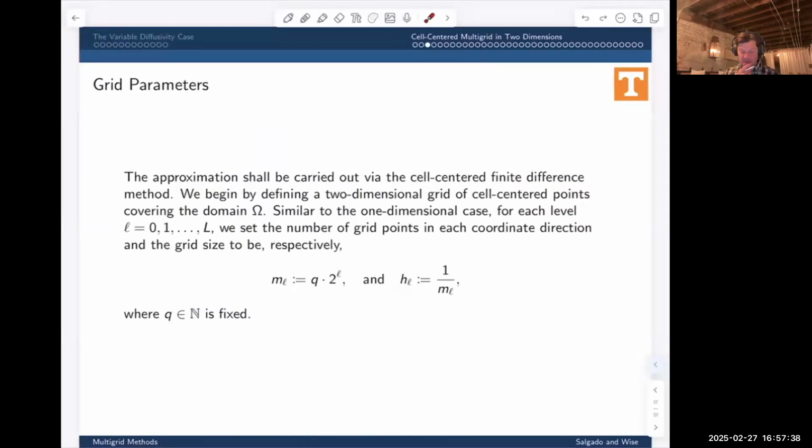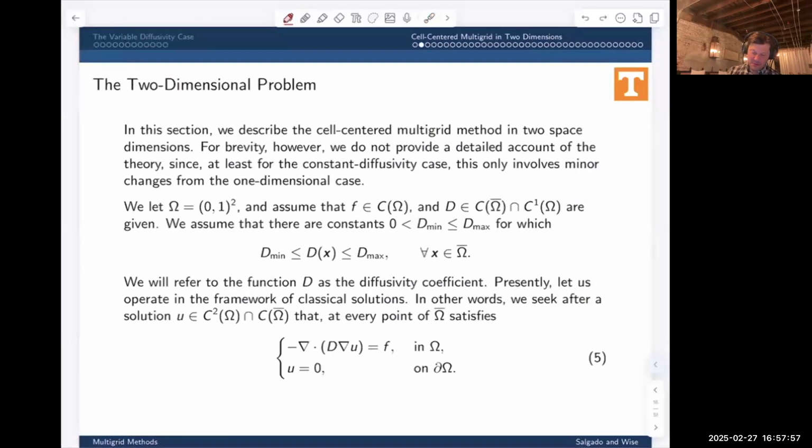And the approximation can be carried out in the cell-centered finite difference case the same way it was before, but we have to define what we mean by cell-centered finite differencing in 2 dimensions. So I'm going to start off by saying, I think I said it here, but failed to mention that we're going to be doing our approximation on the unit square because that's the simplest thing to do.